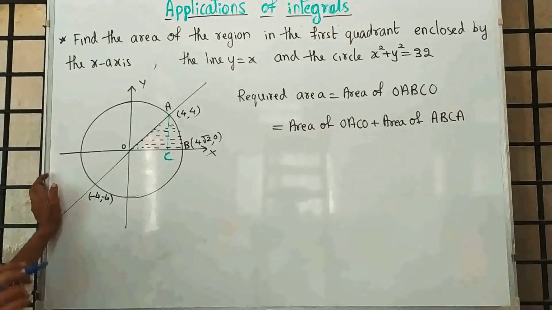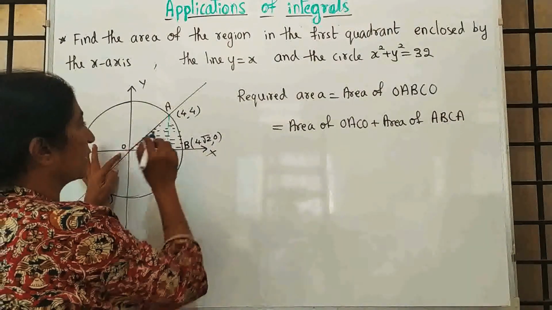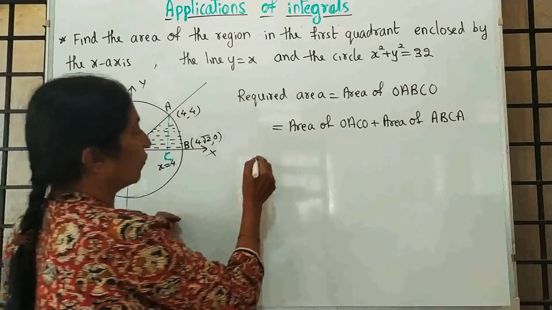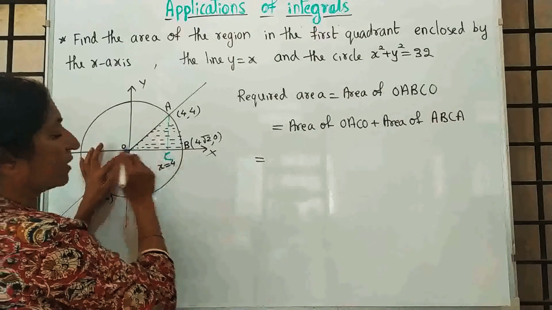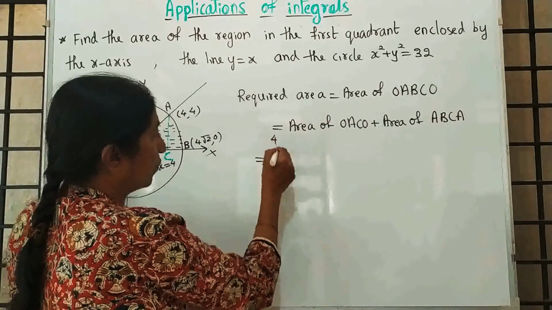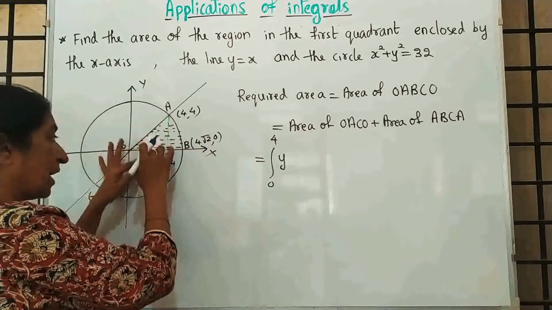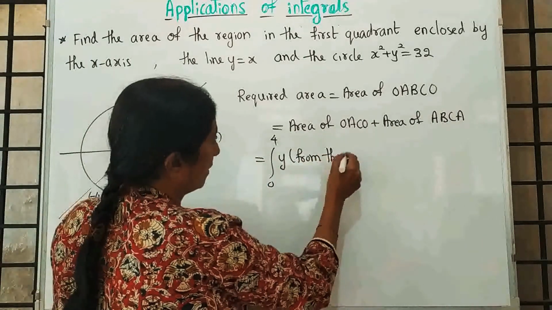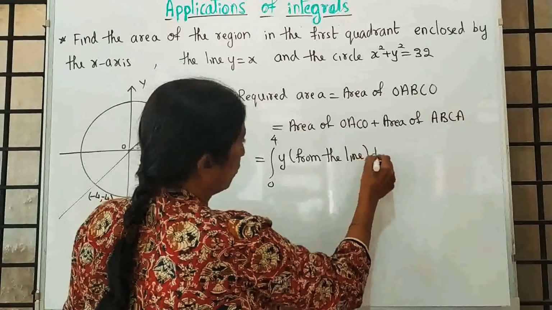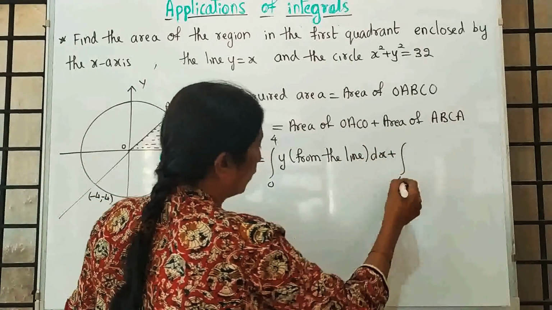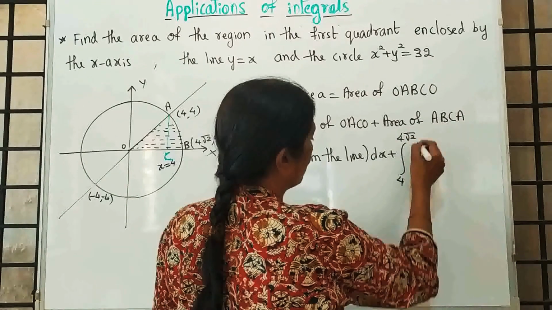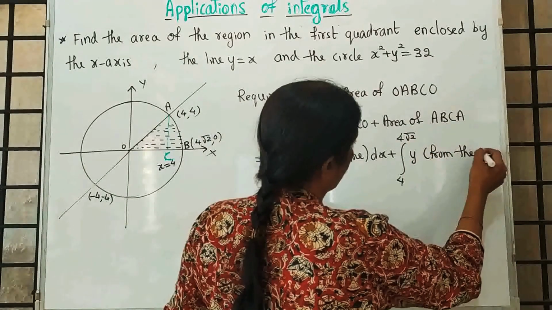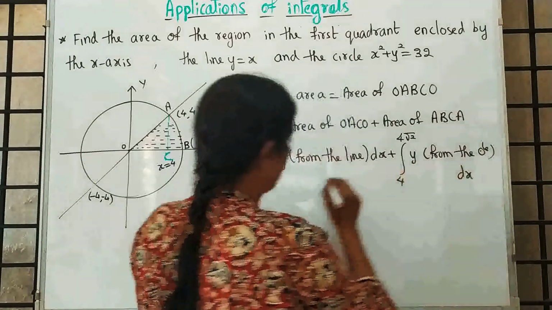From the figure we are writing. Here, at the point where you are drawing the perpendicular line, x is equal to 4, and the lower limit of x is 0. From 0 to 4, it is the area between the line and the x-axis: integral of y from the line into dx, plus from 4 to 4 root 2, y from the circle, or you can write the curve, into dx.